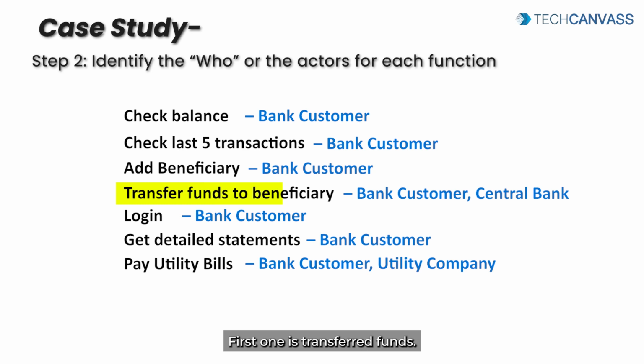First one is transfer funds. Now transferring fund to any other account in another bank cannot happen without the involvement of other agencies. Let's call them external organizations. Now these external organizations could be central bank, payment corporations or any other entities.